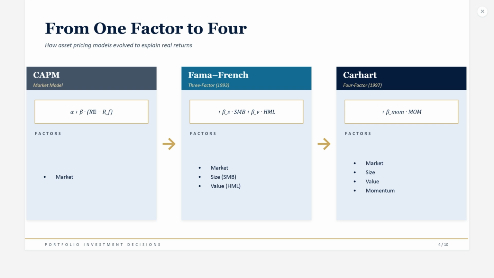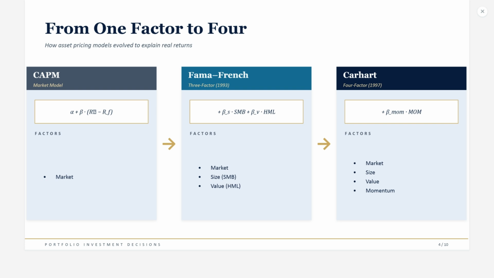Well, let's see the movement from one factor to four and how asset pricing models evolved to explain real returns. In the CAPM market model, we see that the market is the key factor or driver.